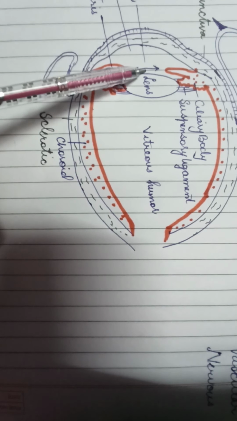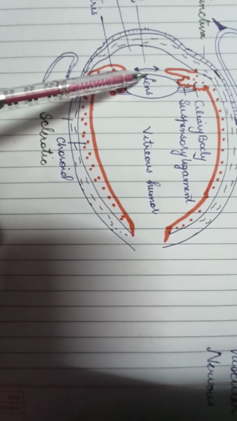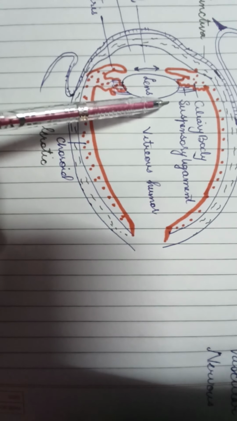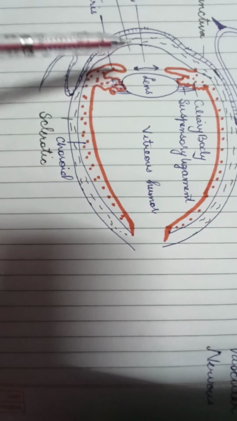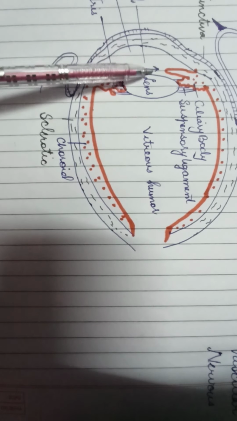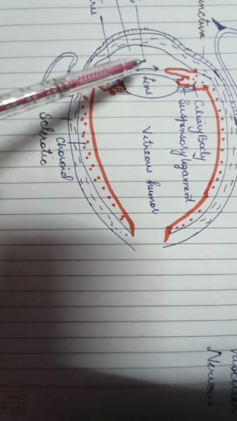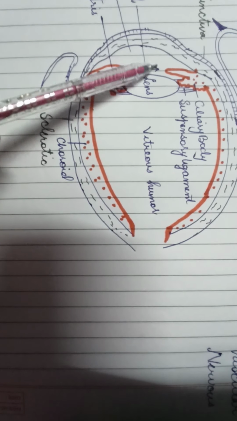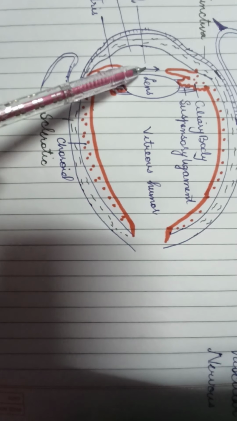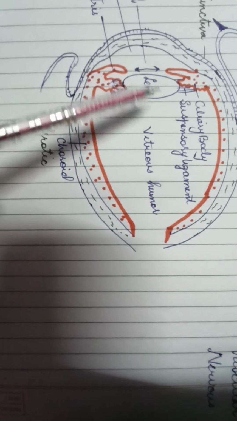The iris contains two sets of muscles, sphincters and dilators. When the iris comes near closure, the aperture gets reduced, and it lets less light come in.